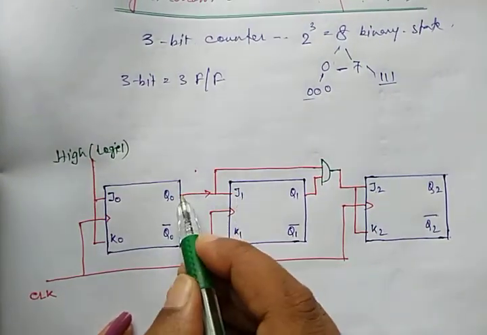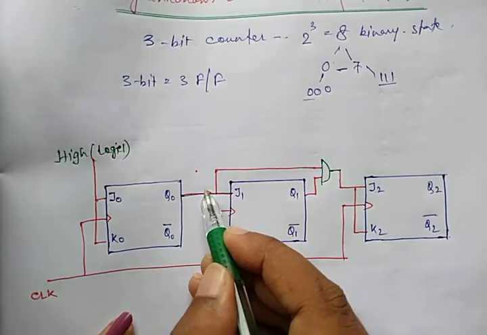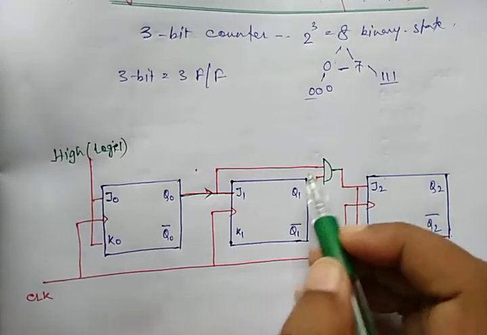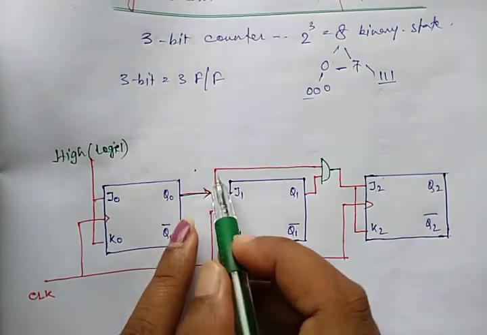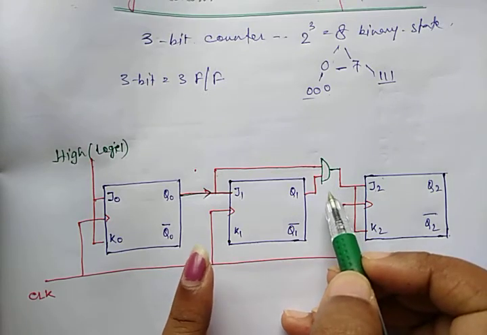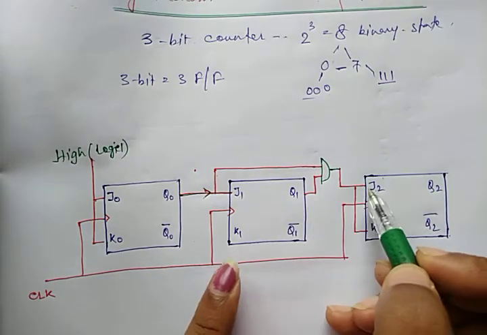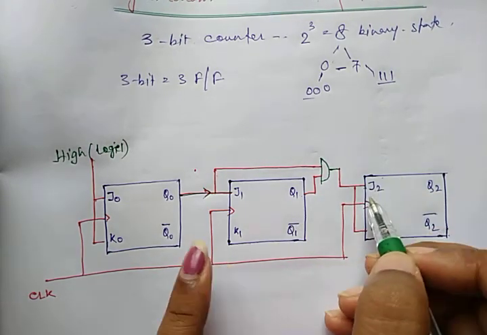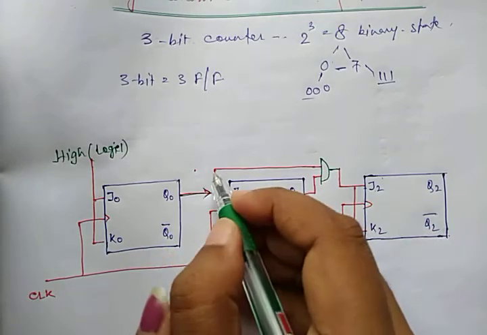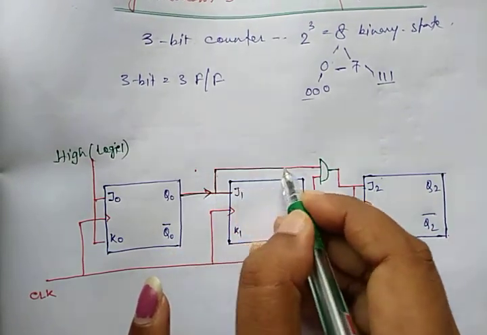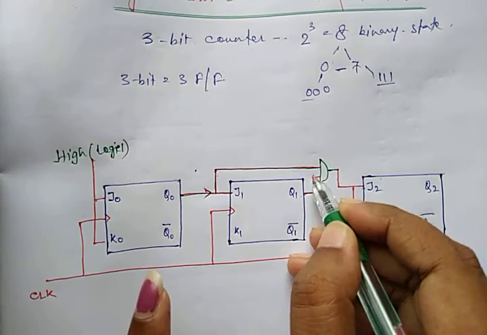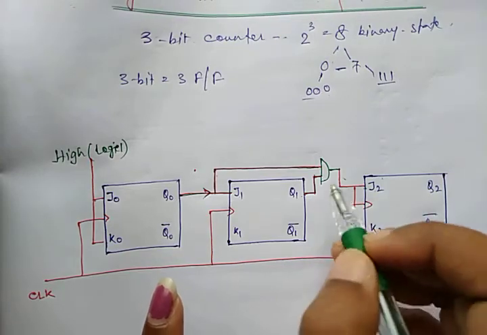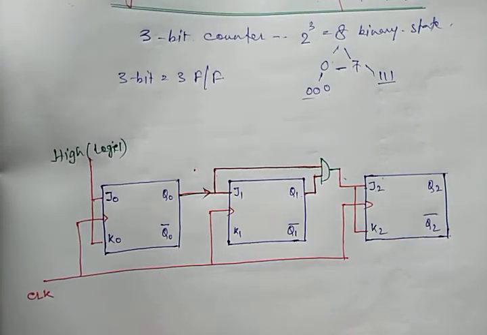The second flip-flop gets its input from its previous flip-flop's output, and the third flip-flop gets its input from the AND operation of the outputs of the previous 2 flip-flops. That means the third flip-flop will not get its input directly from its previous flip-flop.